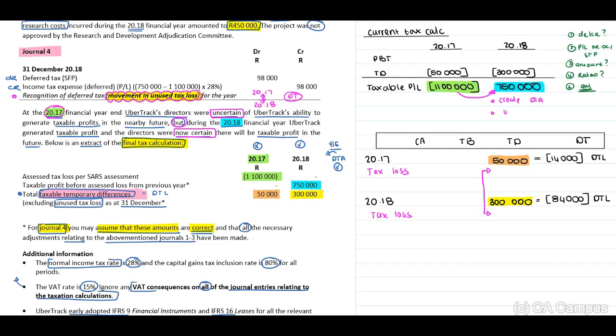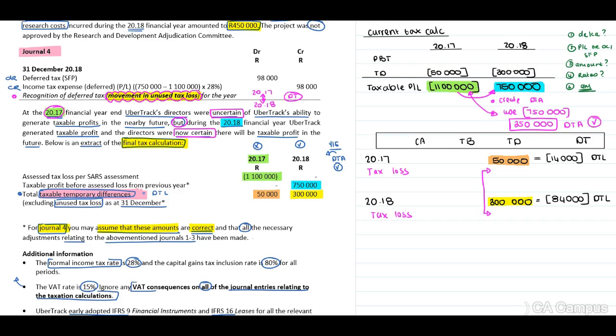And then we are able to use the 750,000 of the 1.1 million. Therefore, if we use 750,000 of the 1.1 million, the remaining amount will be 350,000 that we are able to recognize a deferred tax asset for, because they are now certain.